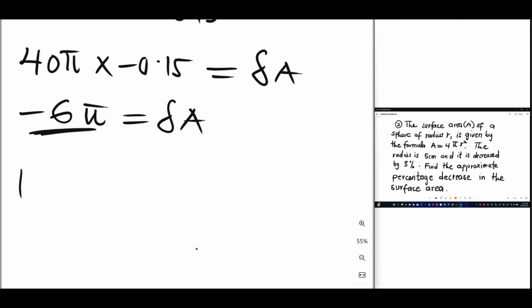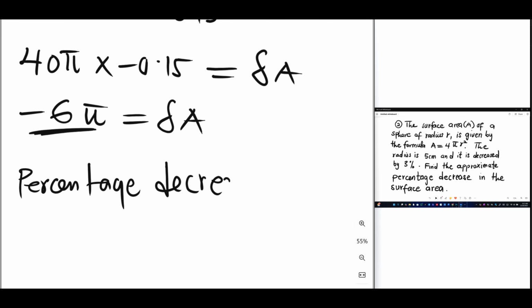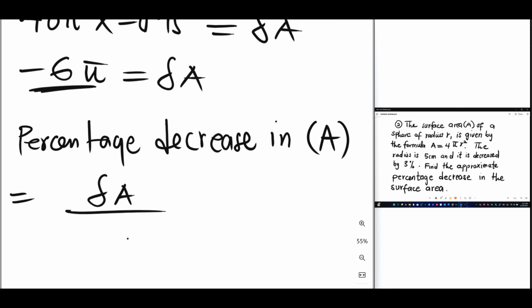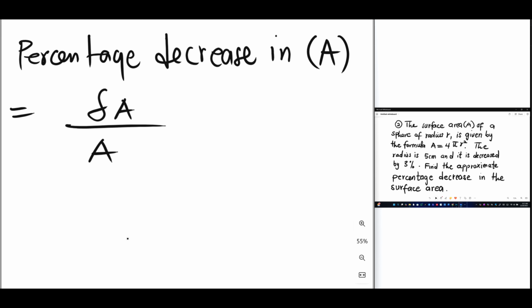So the percentage decrease in A, that is the area, is equal to the change in area over the original area. You know percentage decrease to be the change over the original, that is the actual value, times 100%.